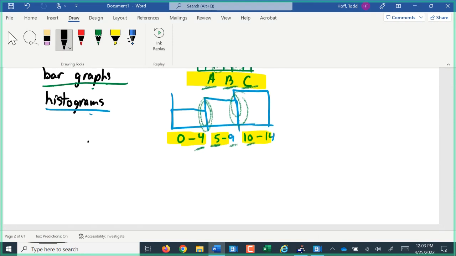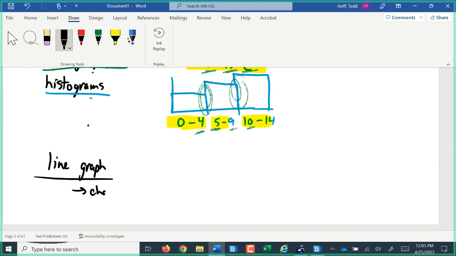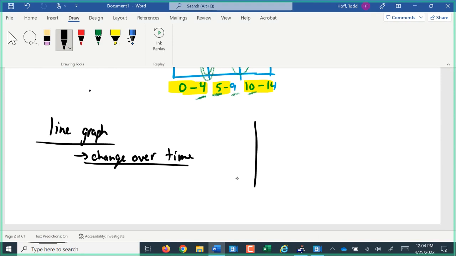The next type of graph is a line graph. And a line graph is used mostly to show change over time. And typically that line graph has some sort of time across the bottom axis.